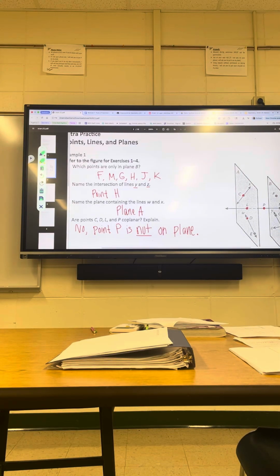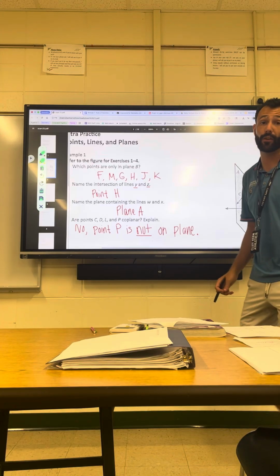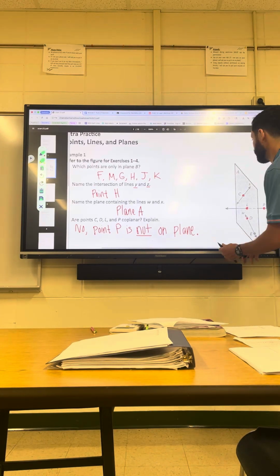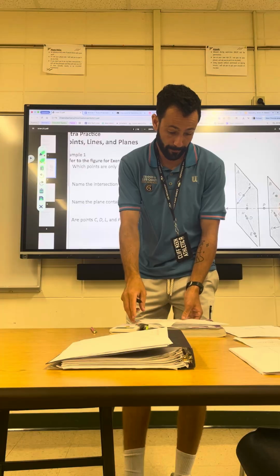Coplanar means points that are on the same plane. Collinear means points that are on the same line. That's it from that section.